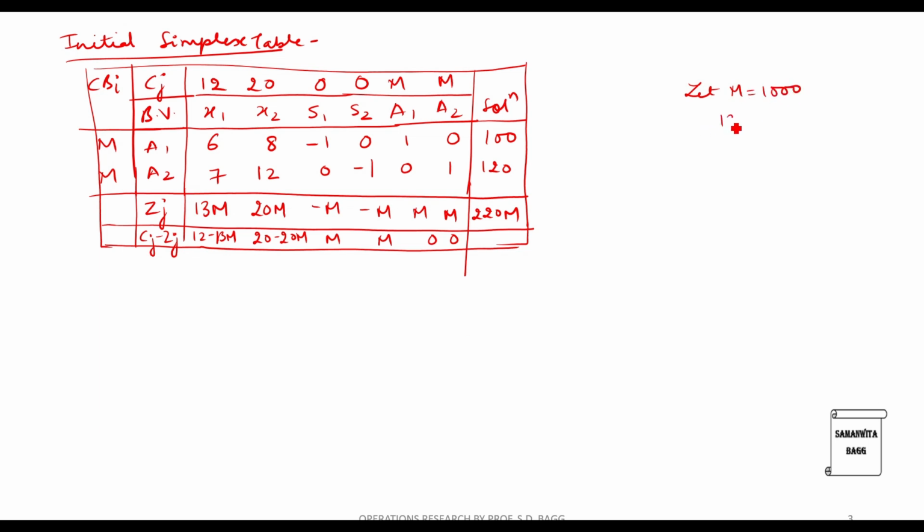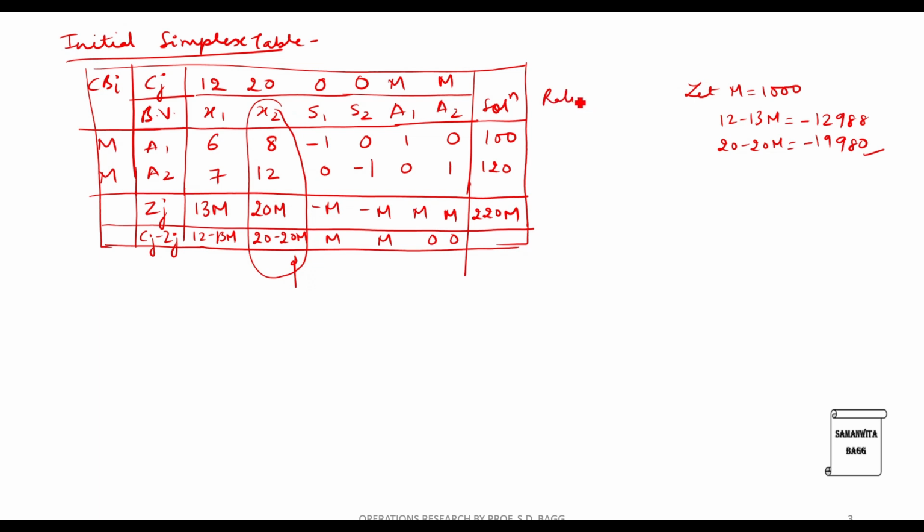So if you substitute in 12 minus 13M, you will get some value, and in 20 minus 20M, you will get some value. It is minus 12988, and this is minus 19980. So amongst these two, this is the minimum one. So I am choosing x2 as the one which is entering the solution.